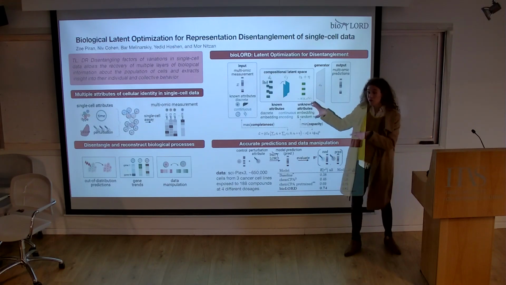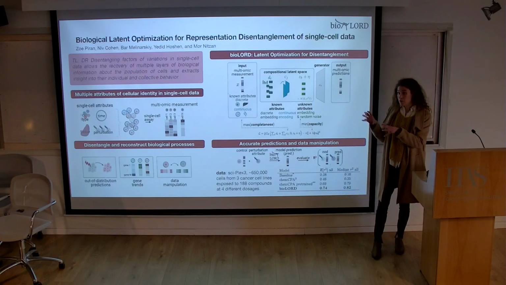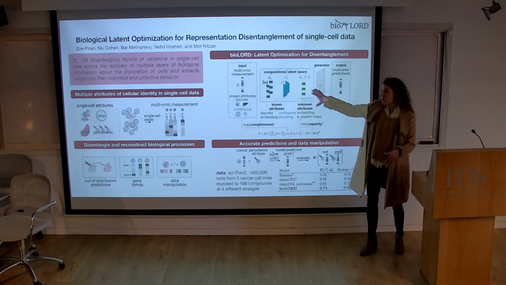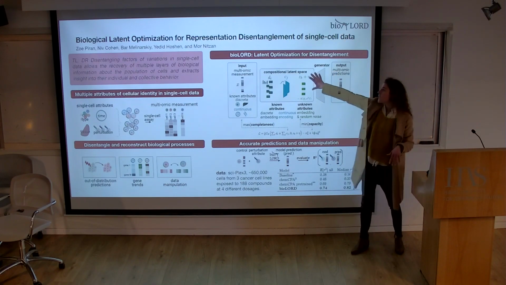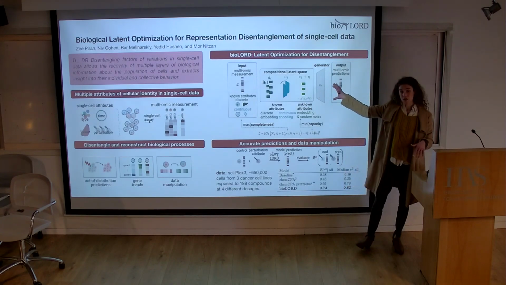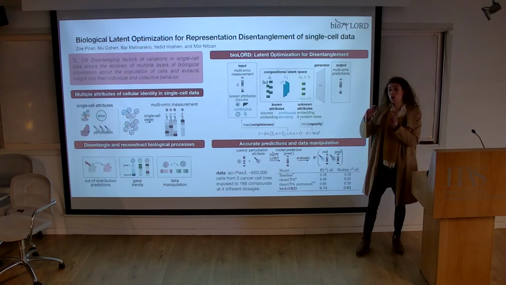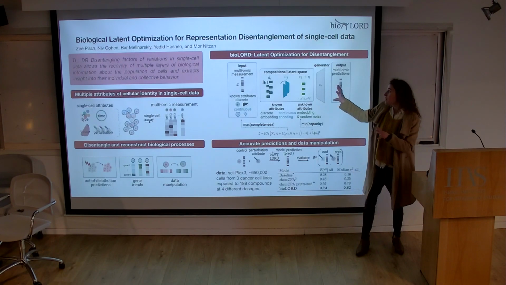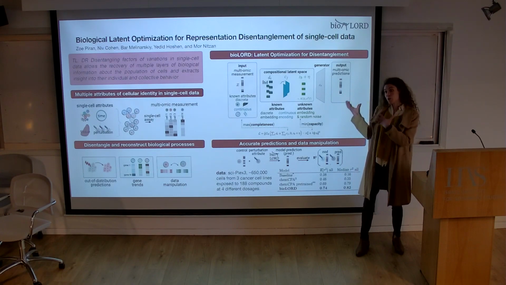These can be the tissue of origin of the cells or the cell type, so those will be labels, discrete or continuous. Given this input, we obtain a compositional latent space representation of the data. For each attribute, we learn a specific latent representation, and for all unknown attributes, we learn an additional representation.